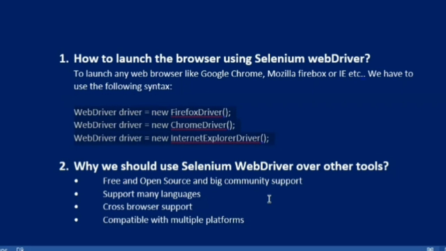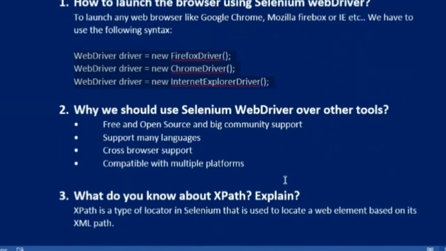It also supports multiple platforms like Windows operating system, Linux. And it supports different browsers like Google Chrome, Mozilla Firefox, Internet Explorer, Safari. That is the reason we choose Selenium WebDriver as one of the best automation testing tools.